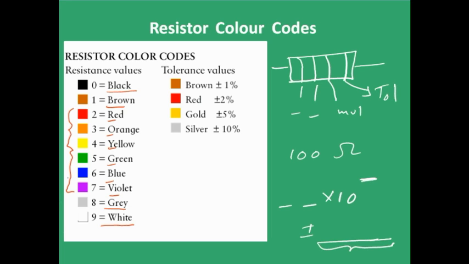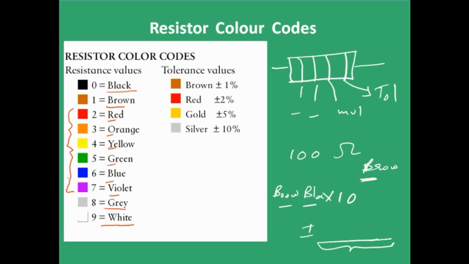If I want to write a 100 ohm resistor, first is 1, so I'll get brown here, and second is 0, I'll get black here. Now brown, black, I got 10 here, and 10 into what gives me 100? So here I should get 1 again, I mean brown.